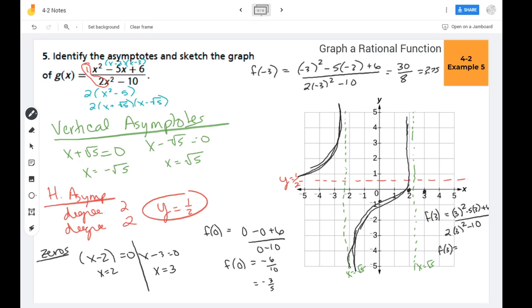So 3 squared is 9, minus the 15, plus the 6. This is a 0. Oh, I know what f of 3 is. That's one of my zeros in my function. So I don't actually need to test it. I'm sorry, I forgot that we found that. And so without needing to test it, because we already tested it by finding my zeros, I could see that this one's going to go like this.